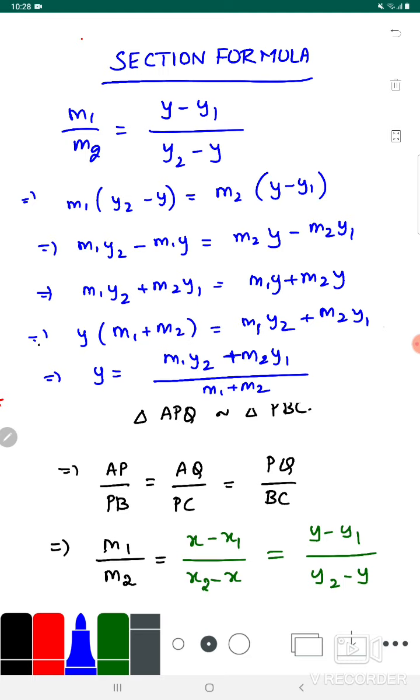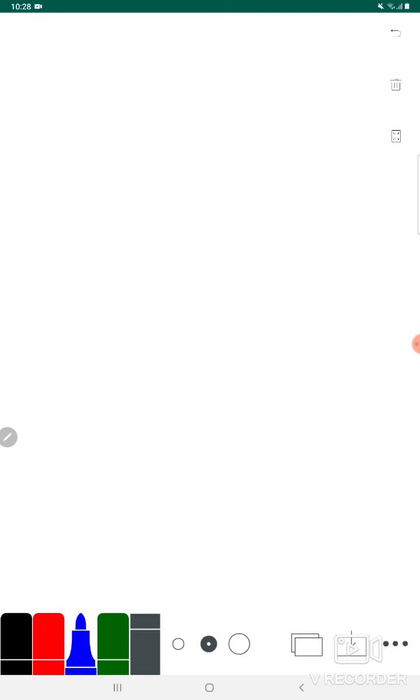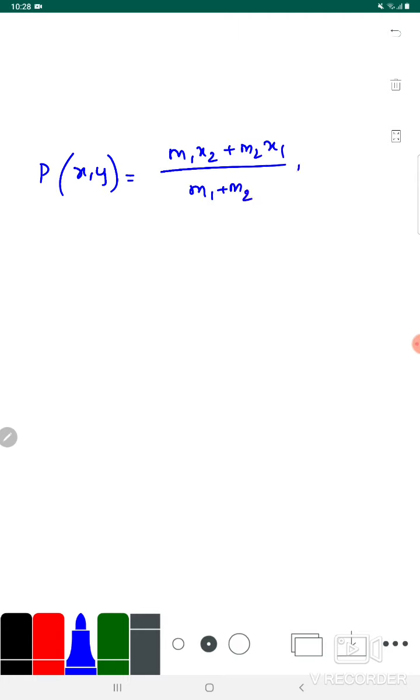So everything combined together, the value of P (x, y) would be (m1 x2 plus m2 x1 by m1 plus m2, m1 y2 plus m2 y1 by m1 plus m2).